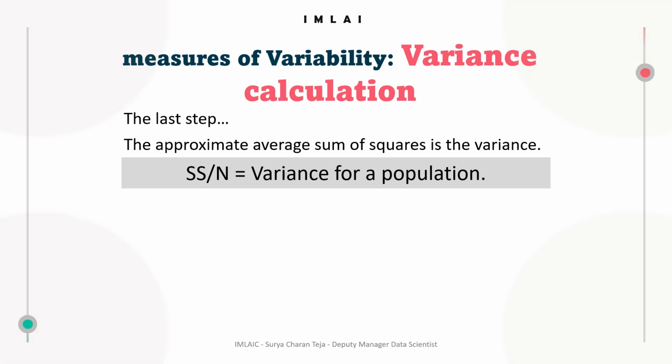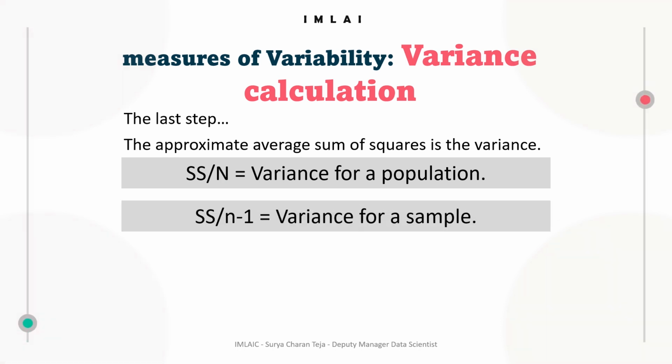Now there are two types of variance: variance for a population and variance for a sample. Variance for a population is pretty simple: the sum of squares divided by the number of records, entities or observations of that population, that is, sum of squares divided by N. But variance for a sample is slightly different. You have to divide the sum of squares by the number of records minus 1, that's n minus 1.